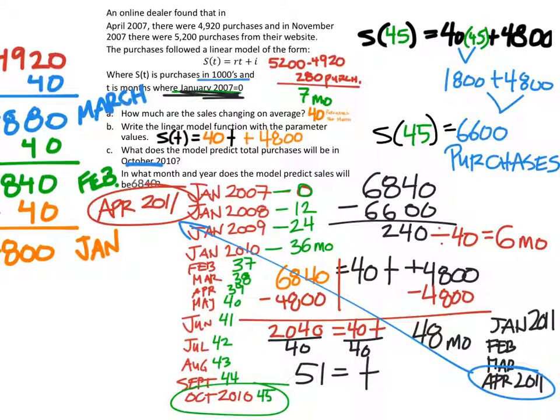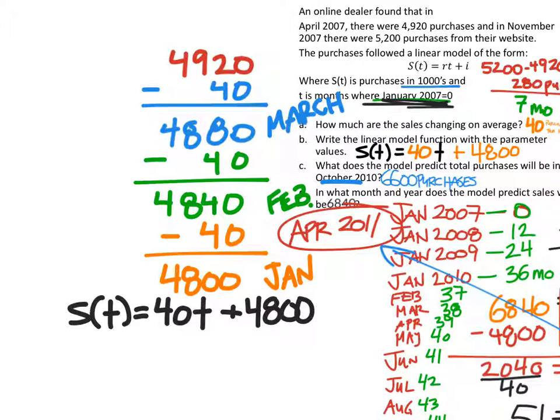So that was a lot of work on that one. We're still not finished because we got to change Part B into thousands of purchases. So this is the formula from Part B, but since we just want to change this into thousands, I'm going to move each decimal place to the left 3 times.